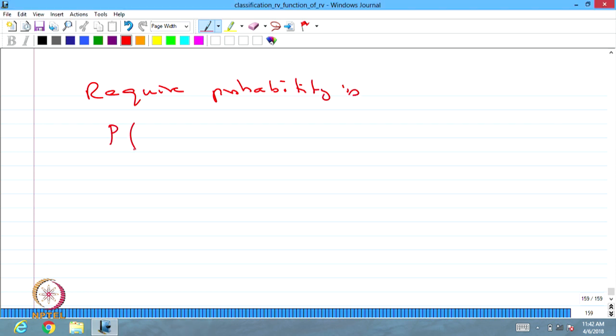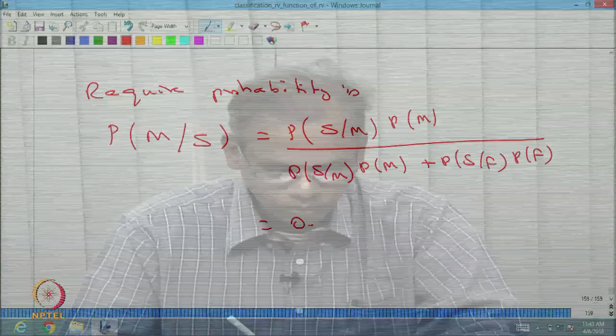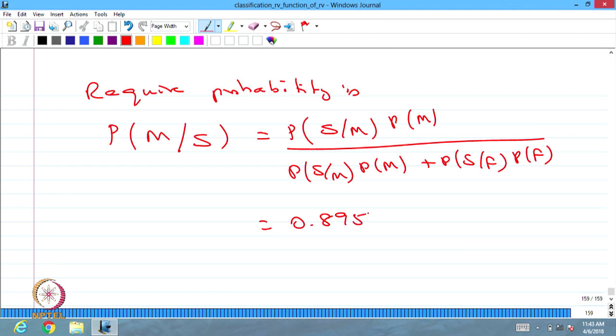probability of M given S, which is the same as probability of S given M multiplied by probability of M, divided by probability of S given M multiplied by probability of M plus probability of S given F multiplied by probability of F. So, you can substitute all the values, then you get the answer, that is 0.895.